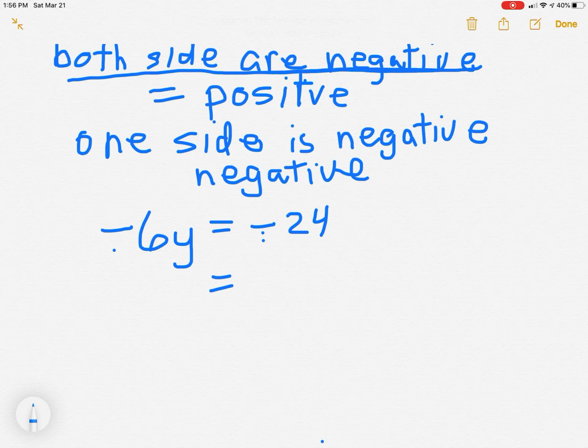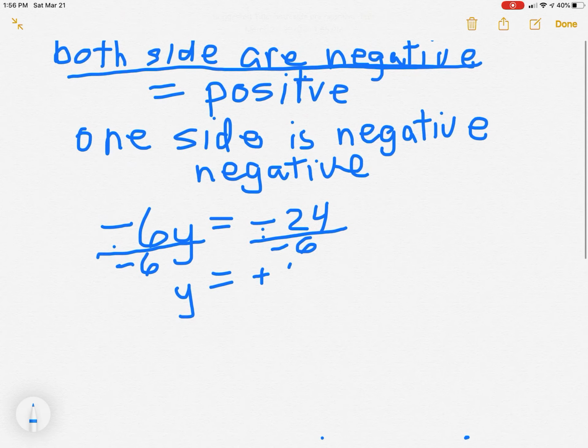Two negatives turn into a positive. So I know I can't have a negative answer. So let's do it. I'm going to divide both sides by a minus 6. That leaves me y is equal to a positive. 6 will go into 24 4 times.